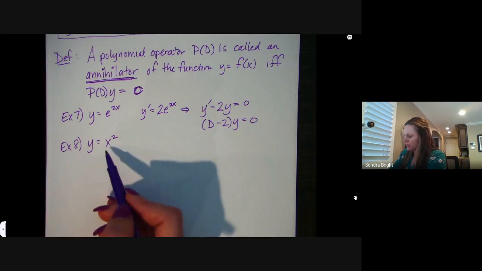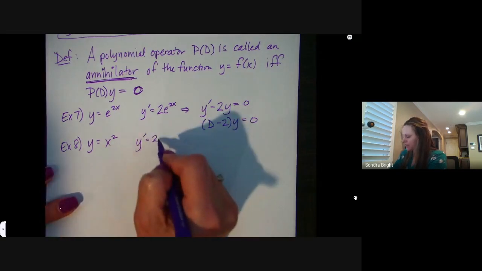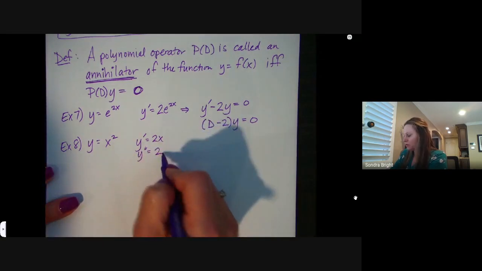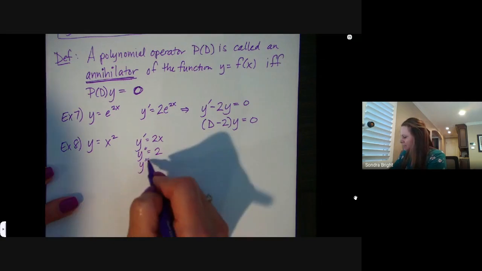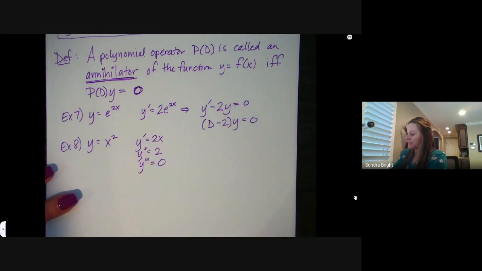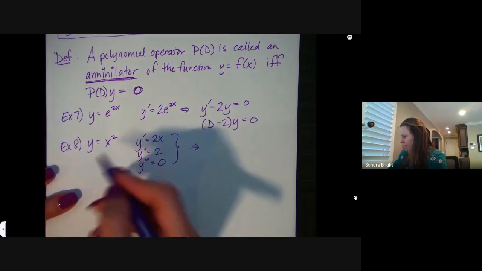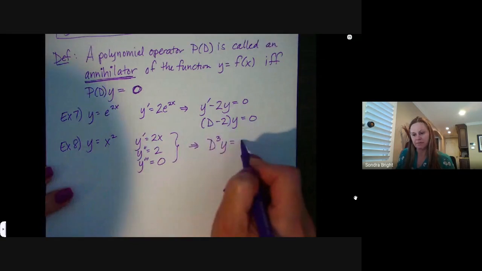I know the first derivative would be 2x. I know the second derivative would just be 2. And then the third derivative would be 0, right? So then that means that the annihilator of x squared is d3, because it's the third derivative that will bring x squared down to 0.